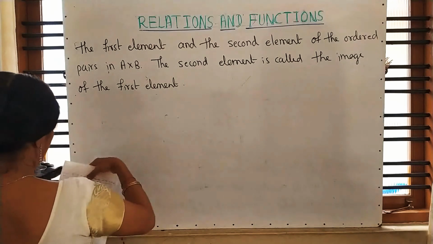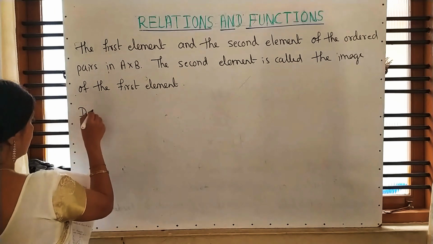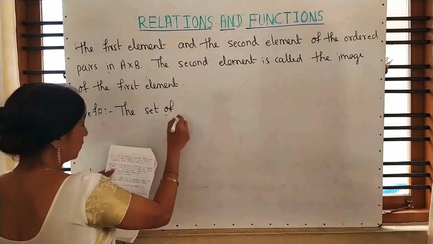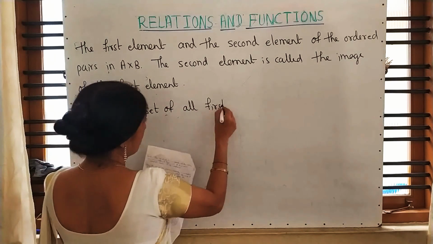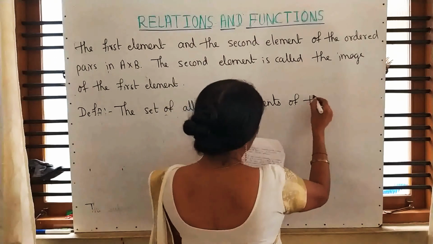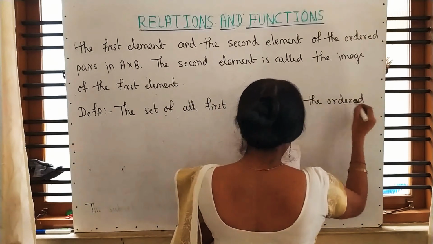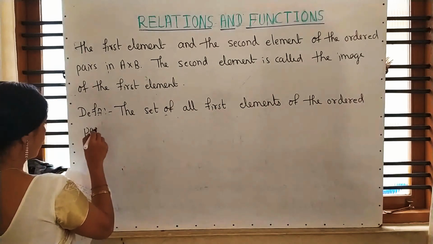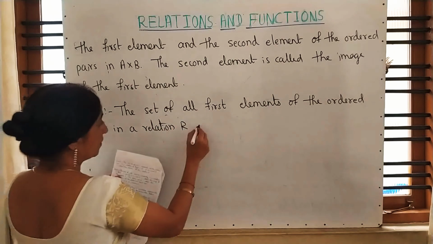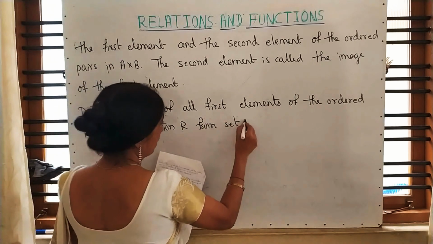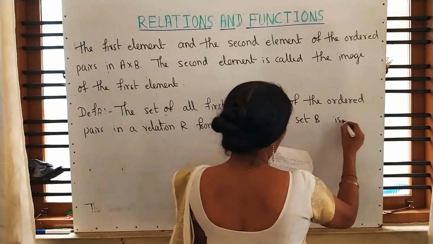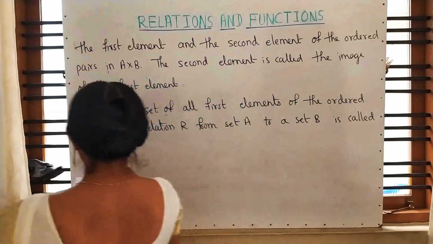Next definition. The set of all first elements of the ordered pairs in a relation R from set A to a set B is called the domain, as I already told you.